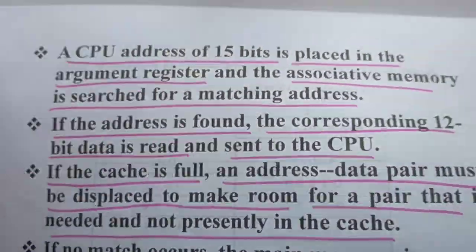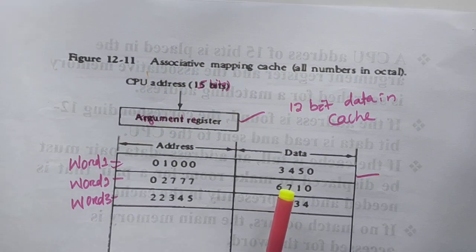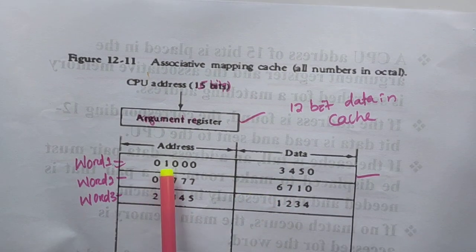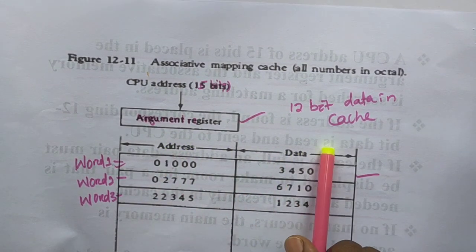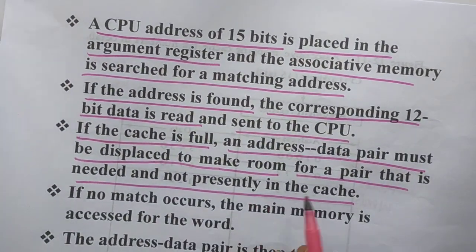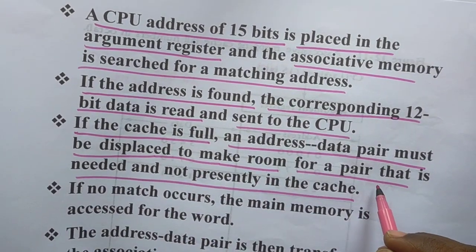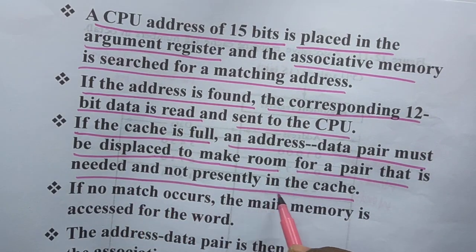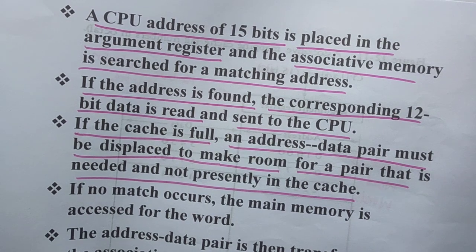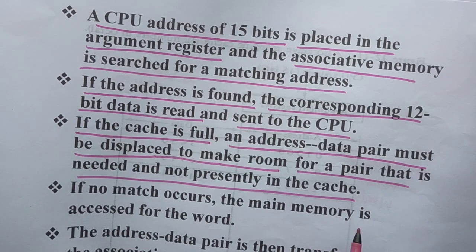That is why it is mentioned: whenever any word needs to be stored, both the address and the corresponding data pair need to be stored. So an address-data pair must be displaced to make room for a pair that is needed and not present in the cache, because it is not available in the cache, so one room needs to be made in the cache to store it there.